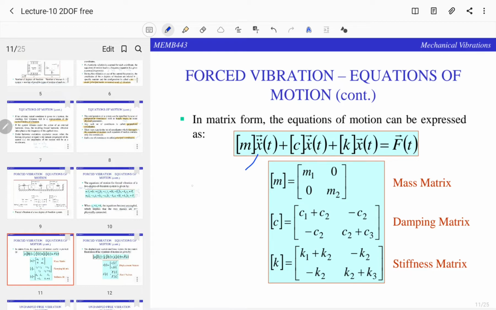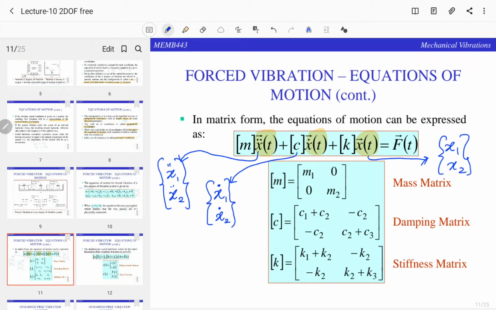So this is actually a vector of x1 and x2, and this x double dot vector is represented by x double dot 1 and x double dot 2, same as the x dot and also the x.